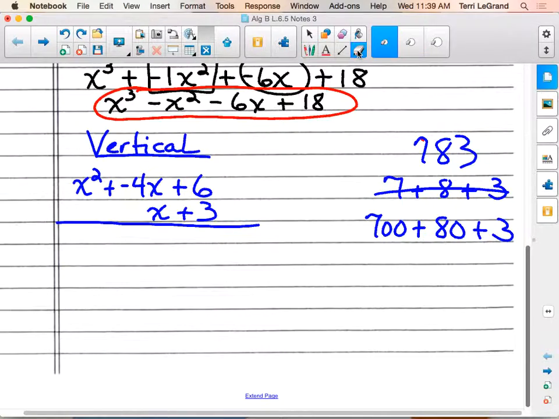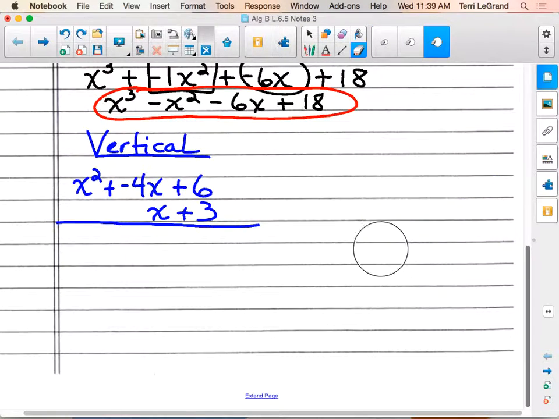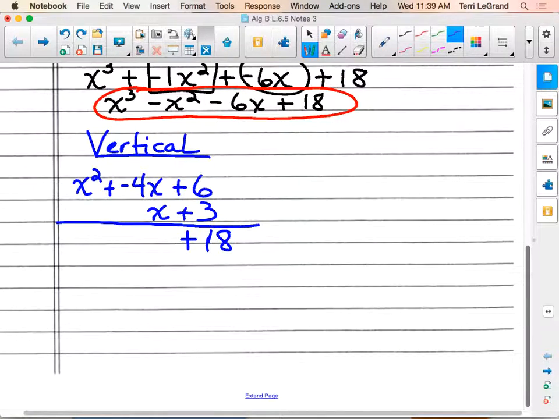So what we're going to do now is multiply as if we are multiplying with a number. I'm going to start right here, and I'm going to take 3 times 6, which is 18. But I don't just put the 8 down and carry the 1. I put 18. And I have to bring my addition signs along this time. So in the rectangle, we don't have the addition signs there, but we do in the vertical.